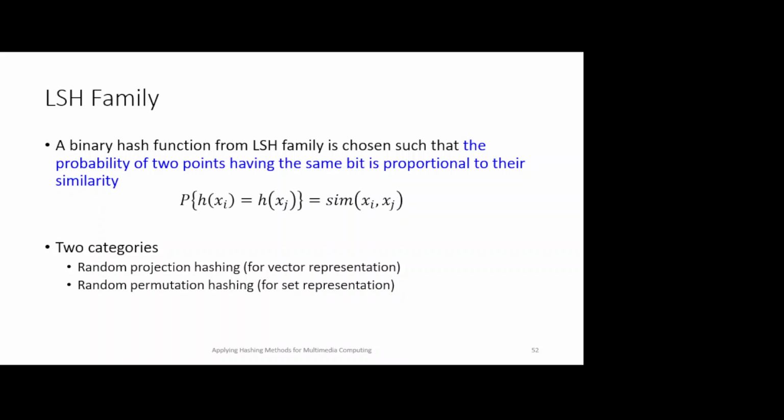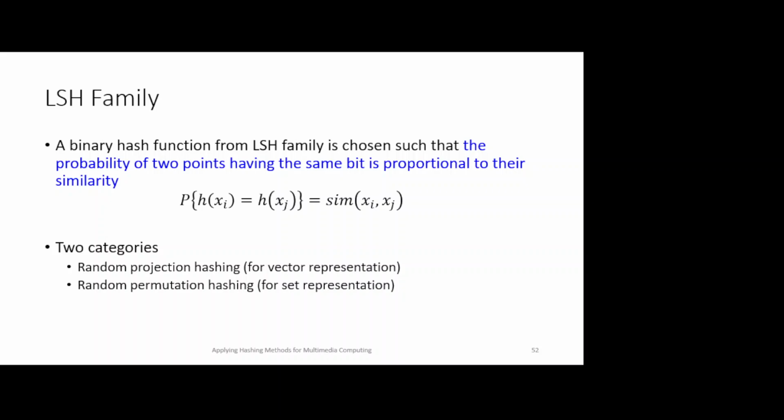So it's similar to last week's topic. We hope to generate the same code. What's the probability they have the same hash value? Here, what's the probability we have the same hash bit? Same idea as we mentioned last week.